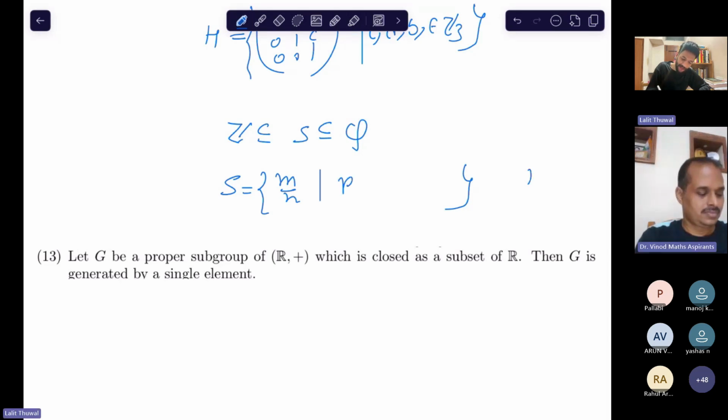Pick and fix a prime P, where P does not divide n, for m and n in Z. So what is the example? m by n, where you have fixed a prime P, where P will never divide the denominator.